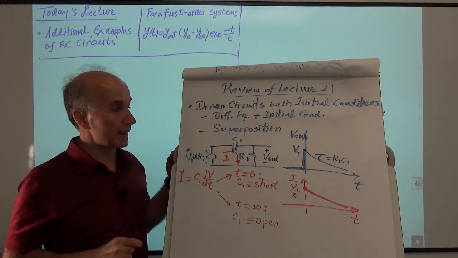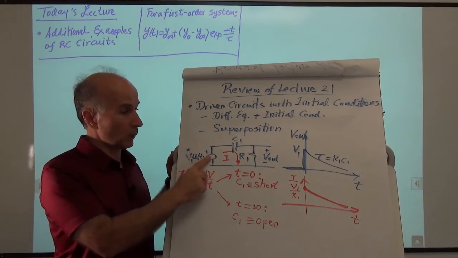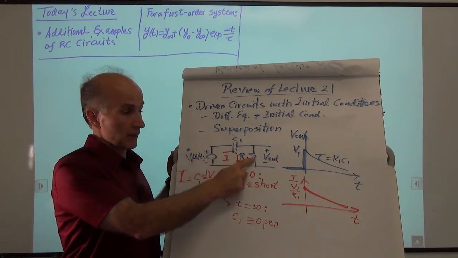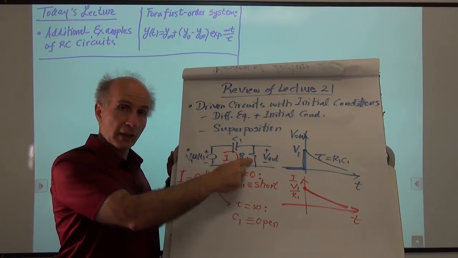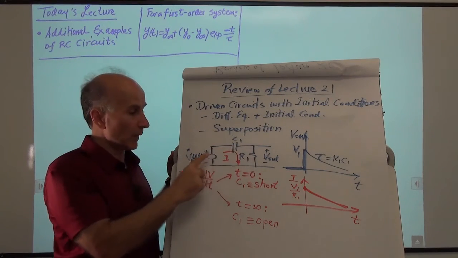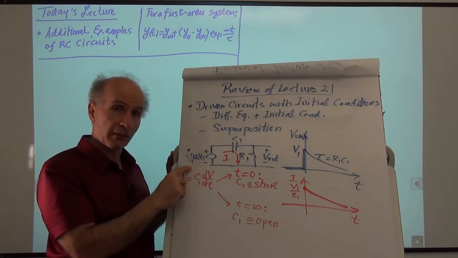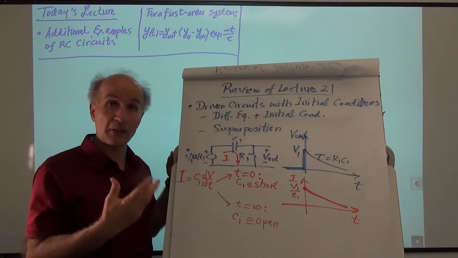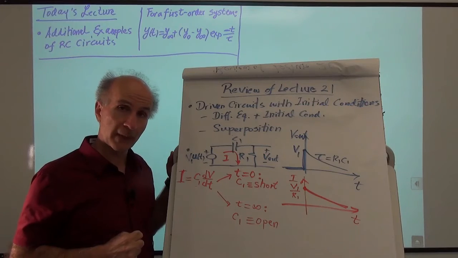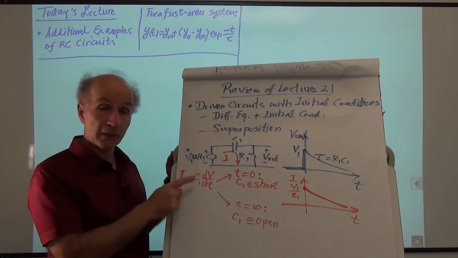Now, one other example that we saw was this circuit where the capacitor and the resistor are located like so, and we are interested in the voltage across this resistor when the input is a step of height V1. And what we saw was that many interesting things happen in the circuit, and they all come from this equation.